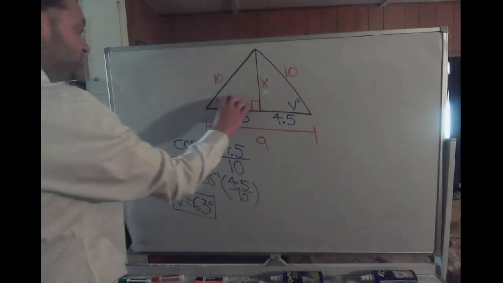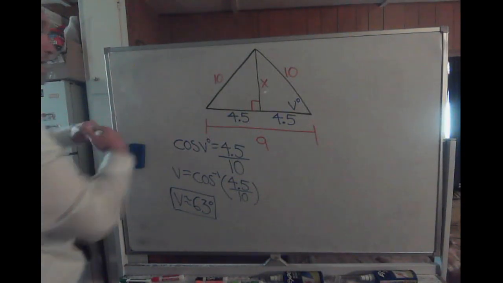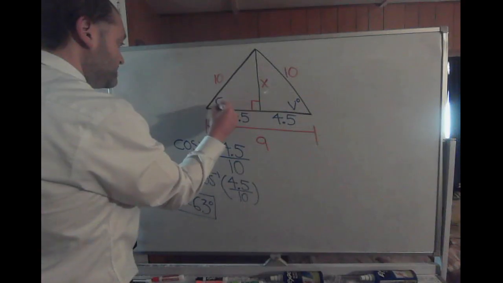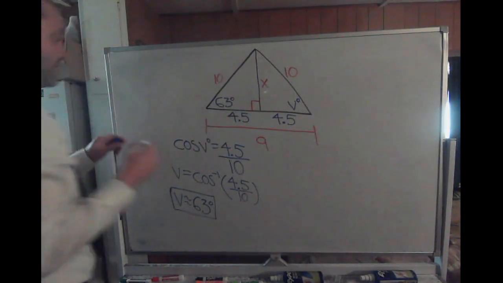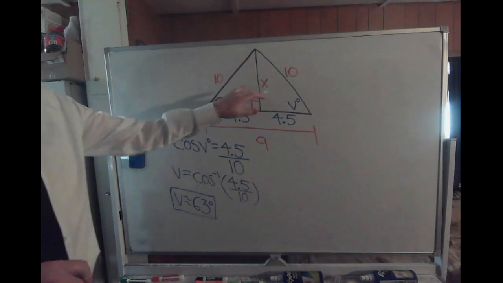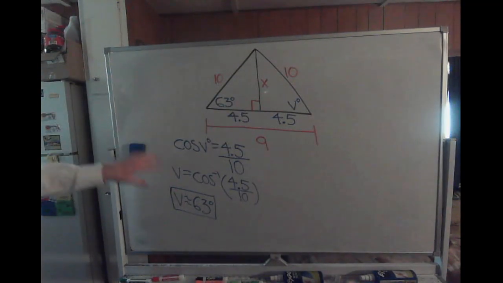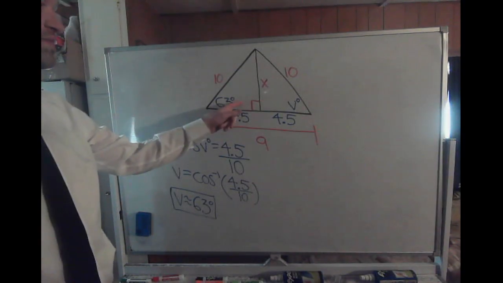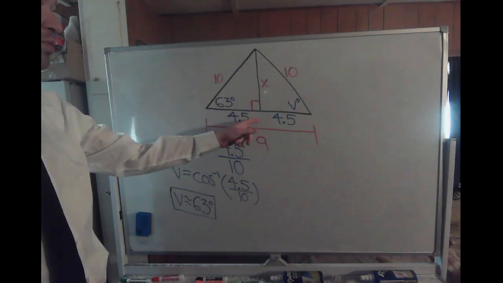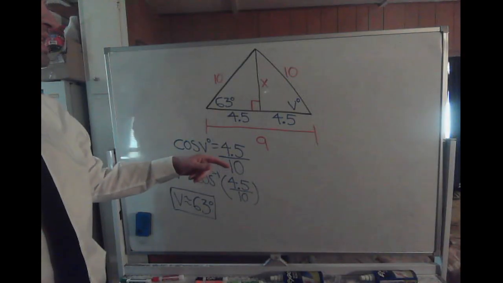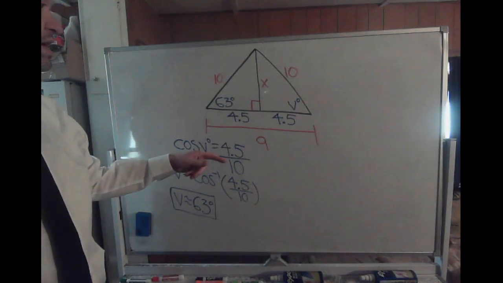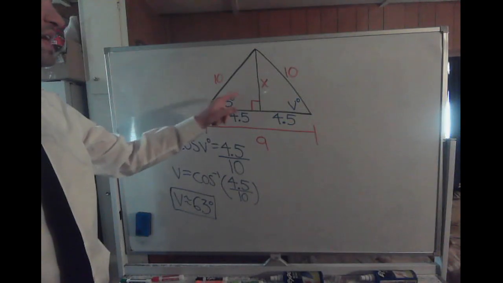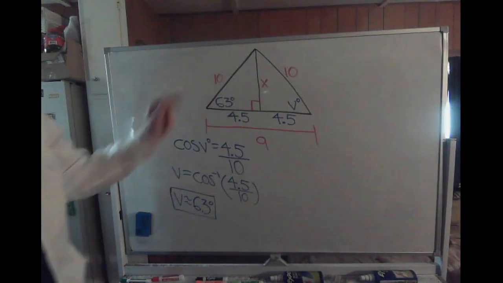Why don't we do ourselves a favor, go ahead and write that in here now for where V was, because that's going to help us to be able to get an approximation for x, which is the length we need to solve for. Now, there are two ways we can solve for x. One way is to take the tangent of 63 degrees, which would be x over 4.5, or we could take the sine of 63 degrees, which would be x over 10.